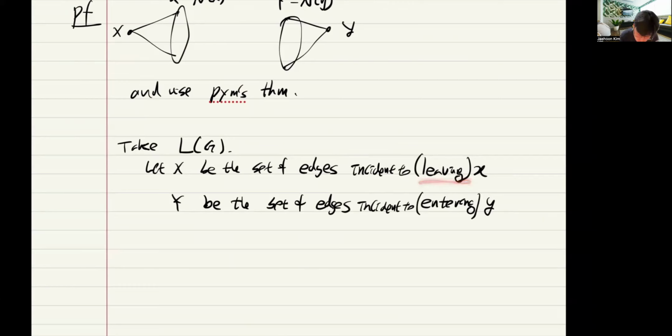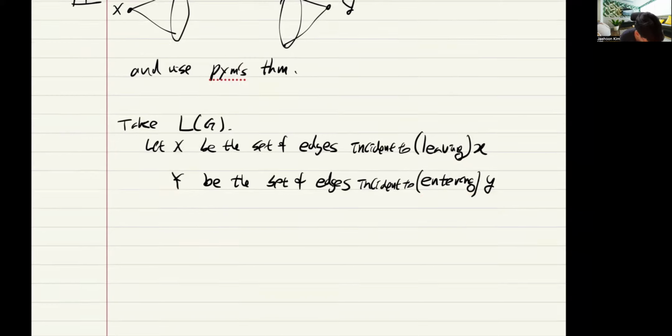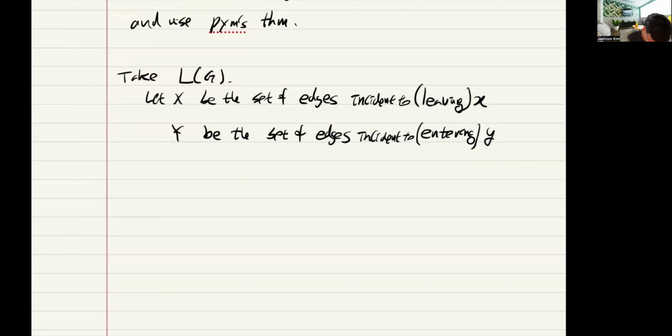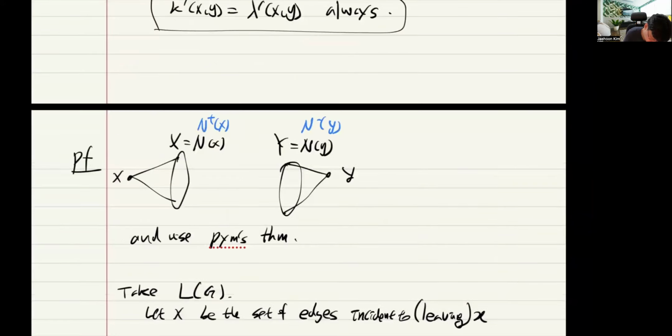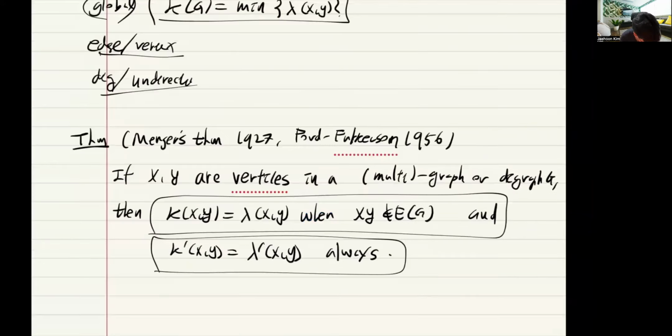And for the directed case, the ones that leave x, not the ones entering, and the ones that enter y. And apply Hall's theorem here. Then this Menger theorem is proved.